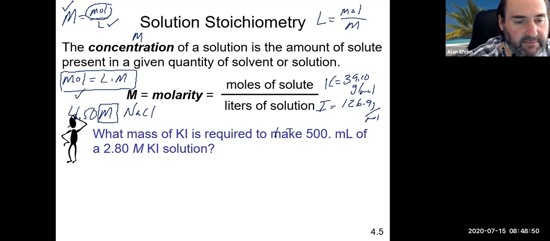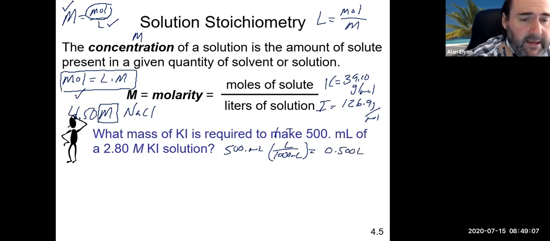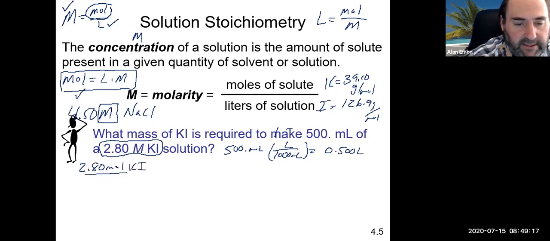So we could use this method here. We do have to do a couple of conversions. We do need to convert the milliliters into liters. So 500 milliliters divided by 1,000 gives us 0.5 liters. And when we have a number like this, it basically means that we have 2.8 moles of KI per liter.